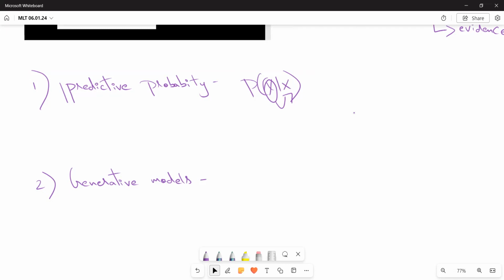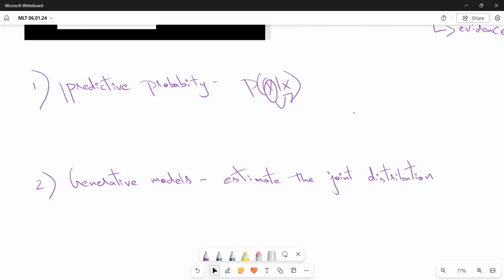And generative models, what do they do? These estimate the joint distribution, that is P of y comma x.